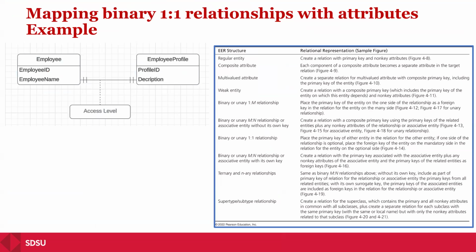We're going to start from mapping binary one-to-one with attributes, and then we're going to look at a couple more for many-to-many and for one-to-many. So in this case, I want you to do this example based on what we did before, and I'm going to explain how to convert it in a little bit.